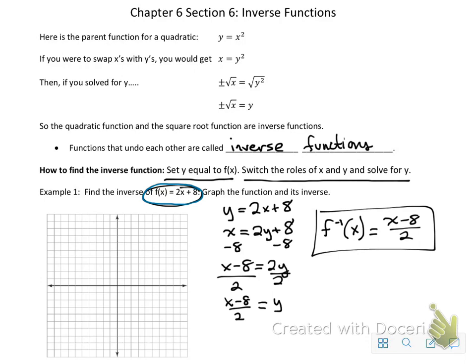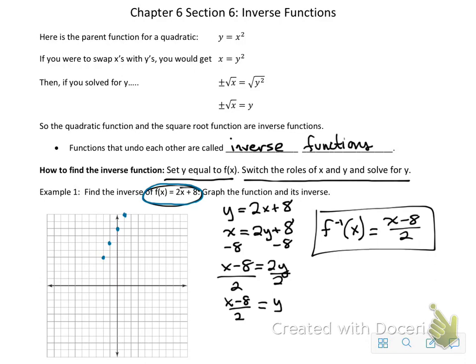So we have the points, -2, 4. We're right here. 1, 2, 3, 4. We have the points -1, 6. And that's actually wrong. -2 is right here. We have -1, 6. We have 0, 8. We have 1, 10. And there's your line.